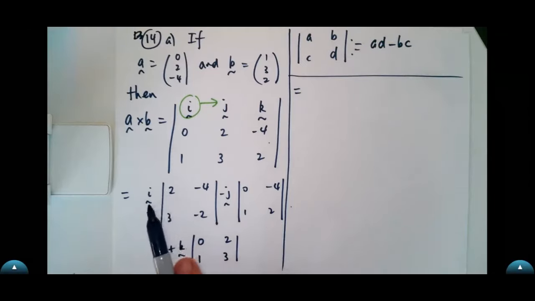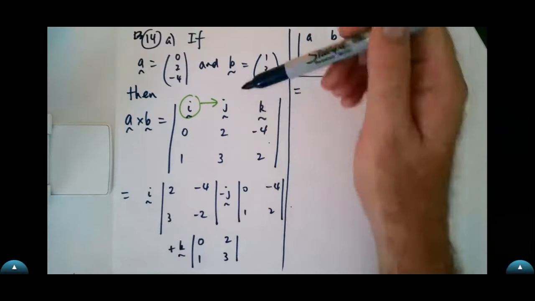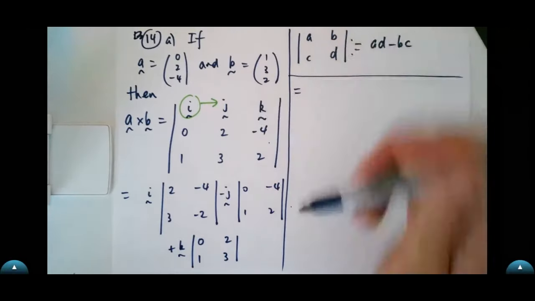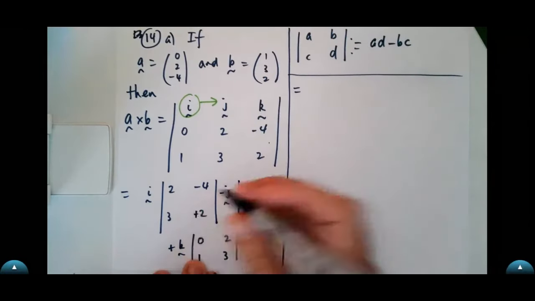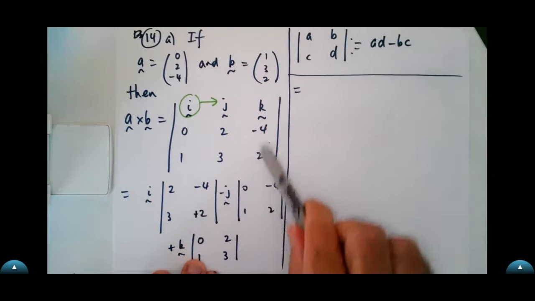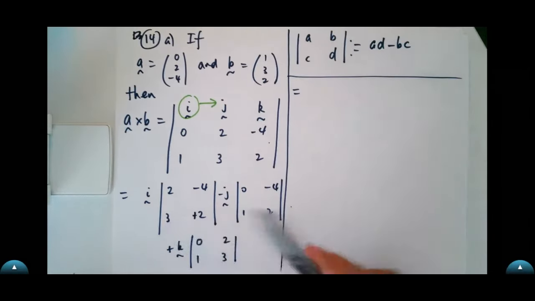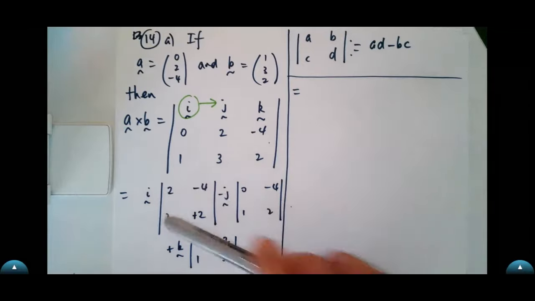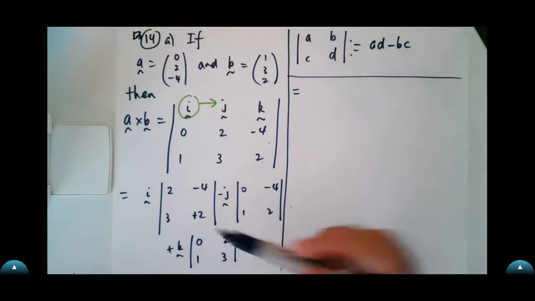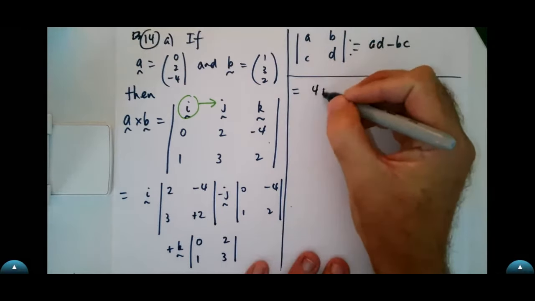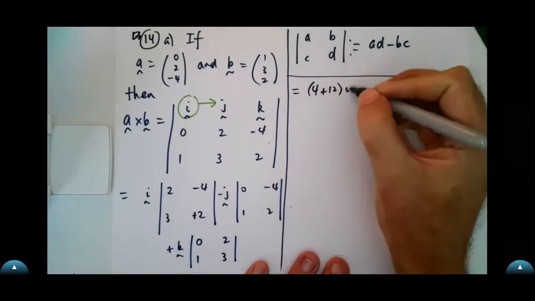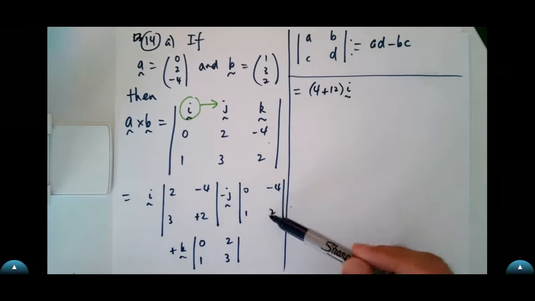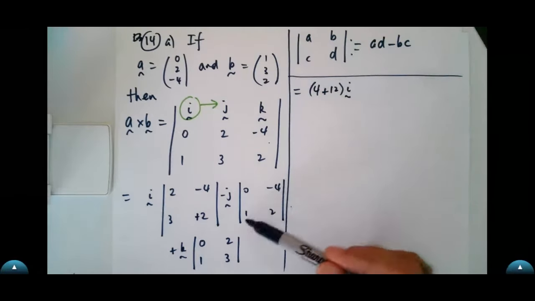2 times -2, oh, hang on, that should be a +2. That one's coming from there, so that should be +2. So 2 times 2 minus -4 times 3. That is just 4 plus 12 times i. This one, 0, that times that, minus that times that.